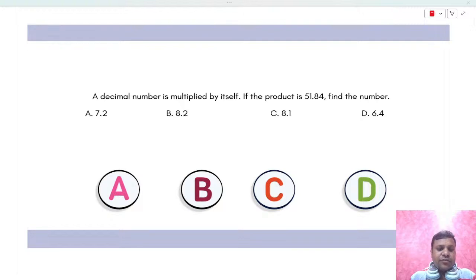To class, what should be the answer here? 25.62.